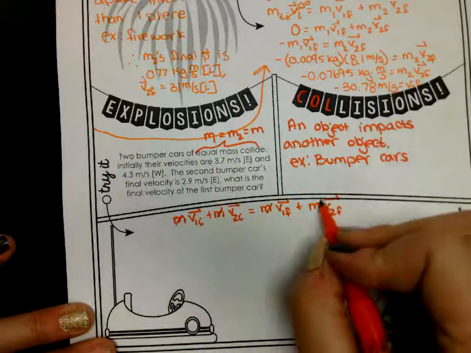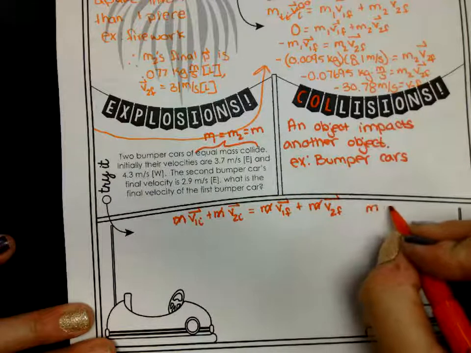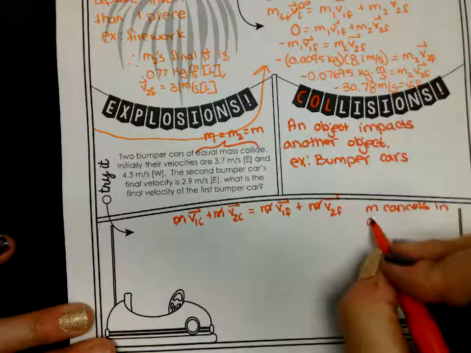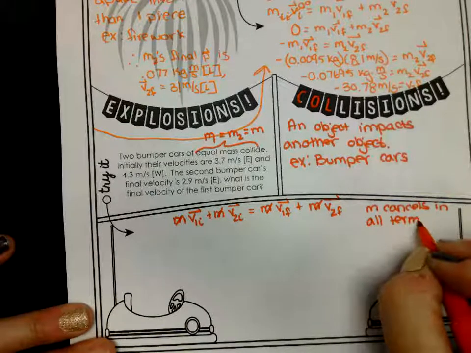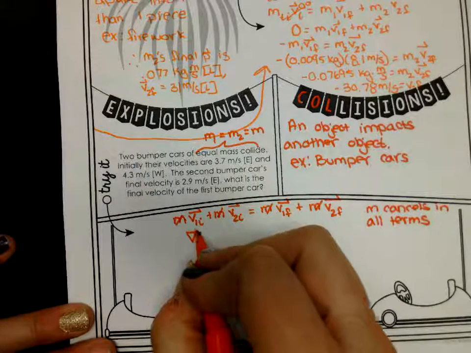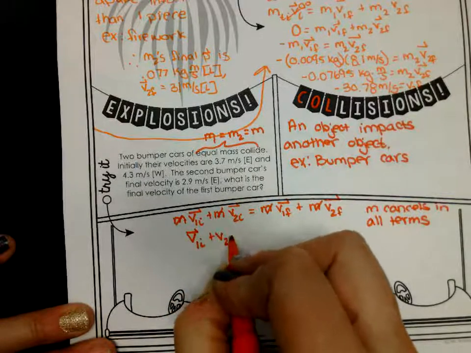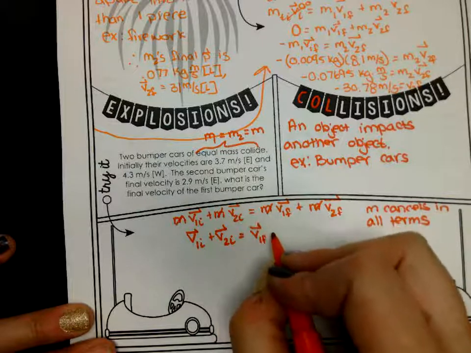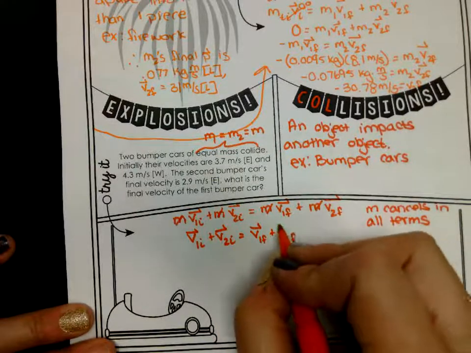Mass is the same in all terms. So mass cancels. That leaves me with velocity 1 initial plus velocity 2 initial is equal to velocity 1 final plus velocity 2 final.